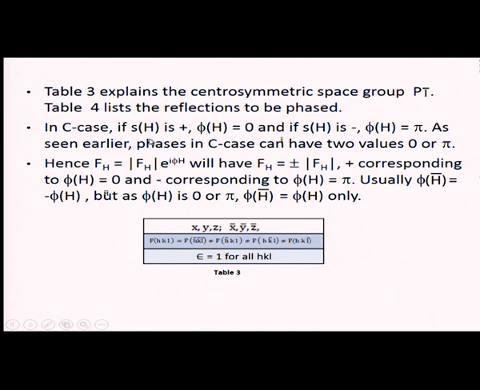In the centrosymmetric case, if the sign of the H reflection is positive, it means that the phase of the reflection H is 0, and if it is negative, it means that the phase of the reflection is pi. We have already seen in the lectures on phases and direct methods that this centrosymmetric case has two choices, 0 or pi.